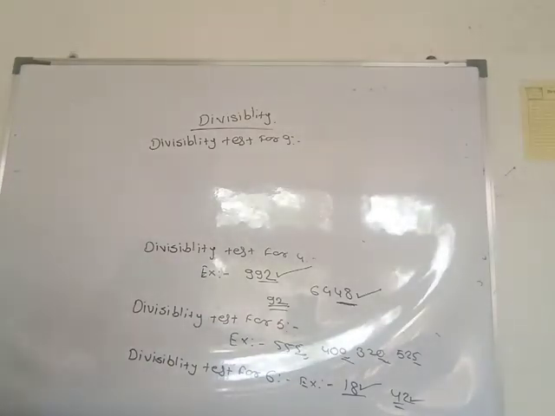If the sum of the digits of a number is completely divisible by 9, then the number is divisible by 9.